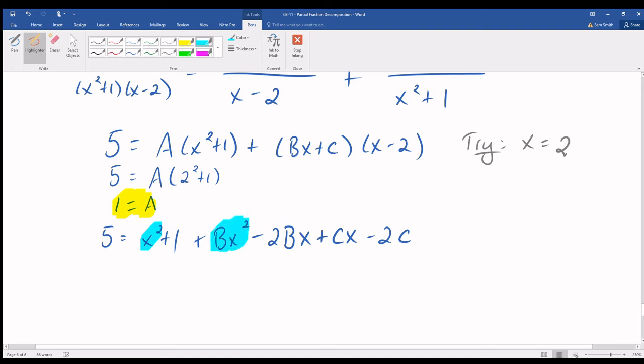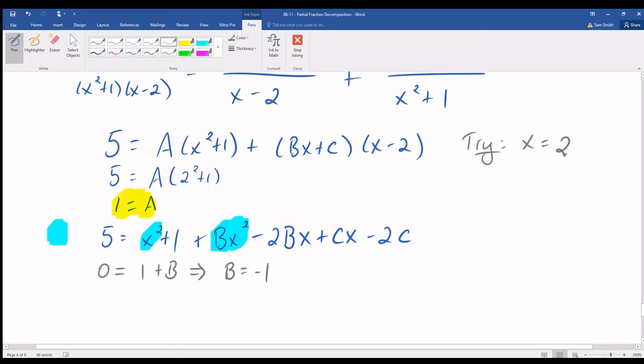I have x squared plus Bx squared, but I have no x squareds on the other side. So that means that 0 must be equal to 1 plus B, which means that B is equal to negative 1.